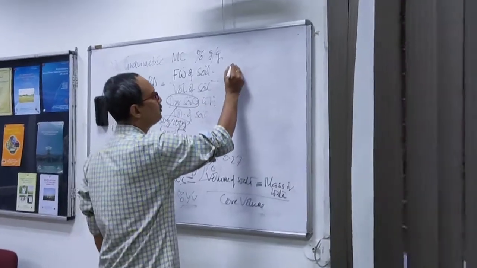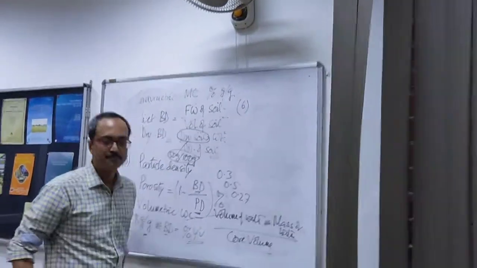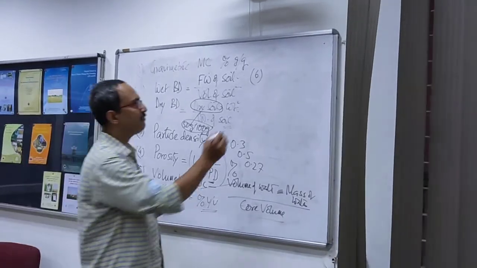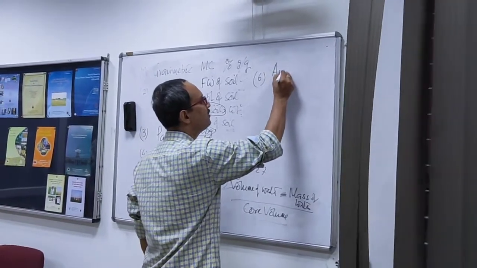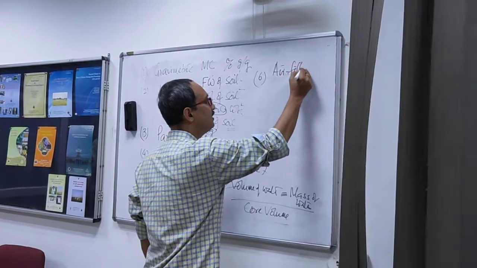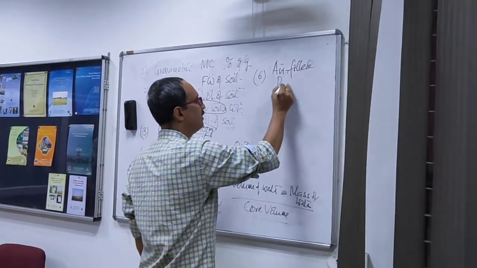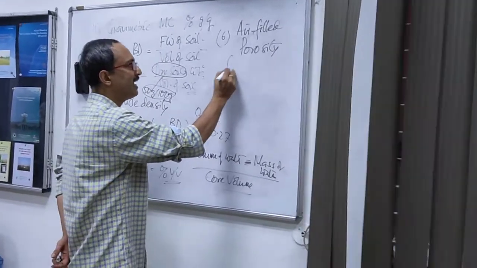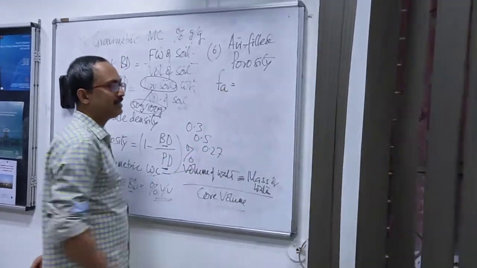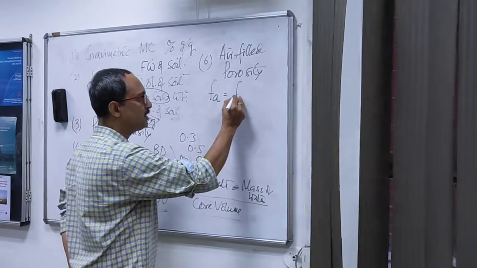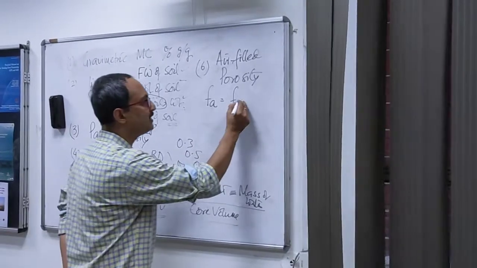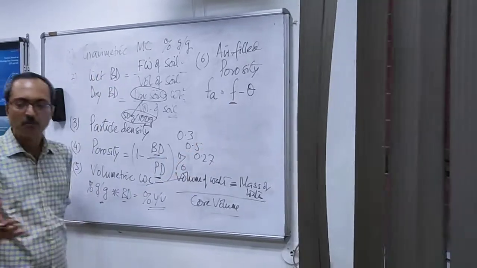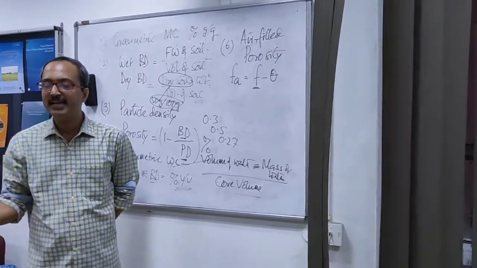The sixth one would probably be the air filled porosity. So what is the air filled porosity? I will write it as FA. It will be the total porosity F minus theta, the moisture content, because whatever pore space is not occupied by water, that is only the air.